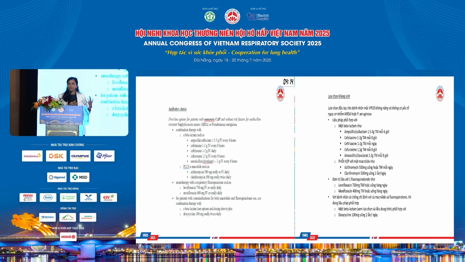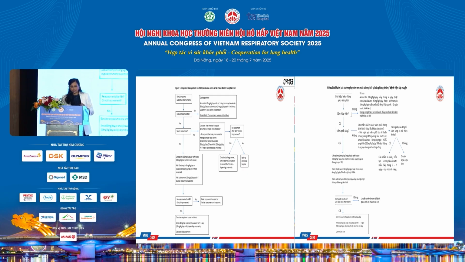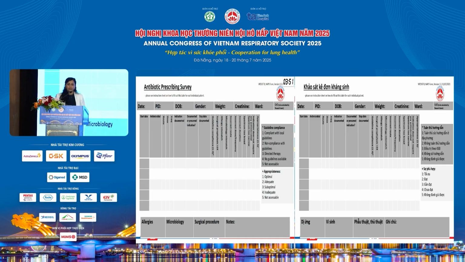If a patient comes with this, and had these medical problems, what would you do? And we made scenarios for doctors to practice on. This is a bit hard to see, but there was also a different set of guidelines for children and pediatric cases, because like you know, we see a lot of pediatric respiratory infections.